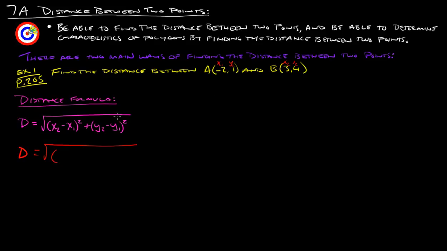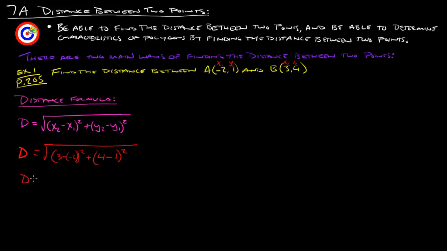So x2 is 3, so we go 3 minus x1, which is -2, and then we square that. And then we take y2, which is 4, minus y1, which is 1, so 4 minus 1 squared.